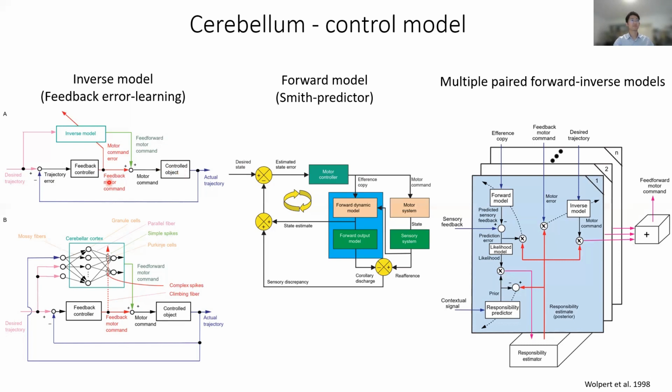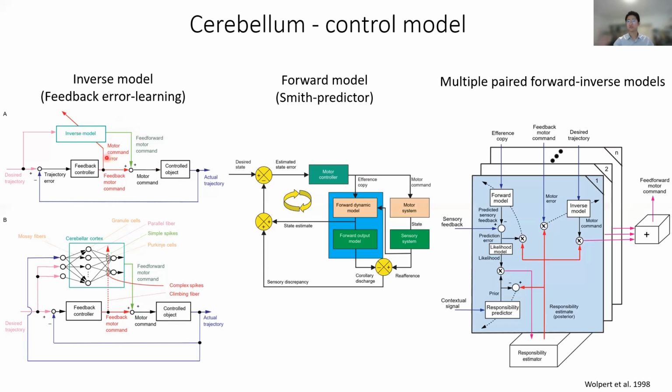But in the meantime, the error also goes to the inverse model. This error helps to update the inverse model, because usually you have the link that if you know the desired trajectory, you know what control command you should produce by this inverse model.